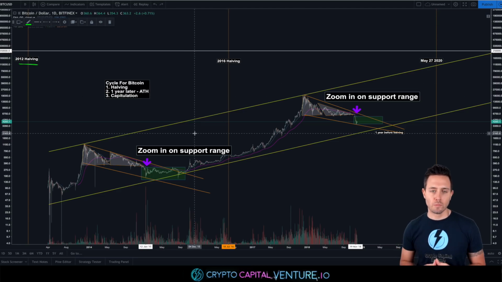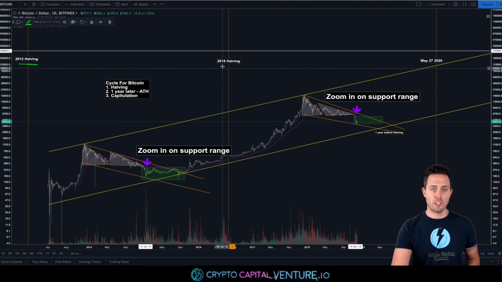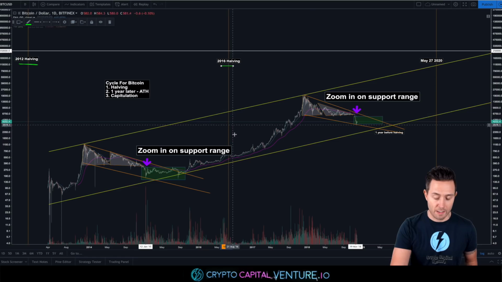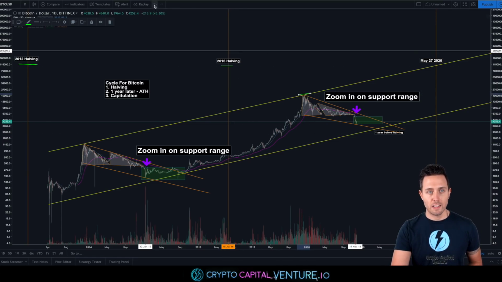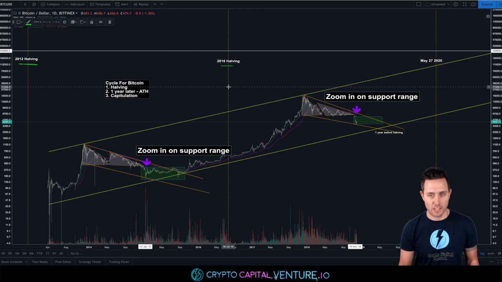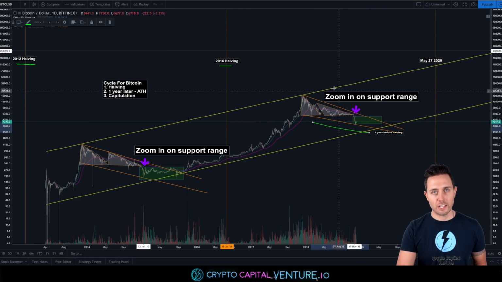So from there, leading up to the next cycle is the 2016 halving, right? So 2016 halving, again, a year later, all-time highs. And then from those all-time highs, we lead into the third part of the cycle, which is now the correction, the capitulation phase.